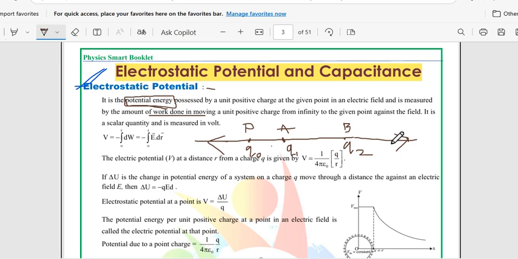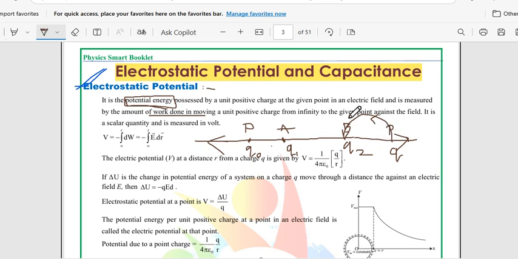Suppose I consider the point P here, having the charge Q. I need some work done to move this point charge from infinity to the given point, and this is opposite to the direction of the electric field, against the direction of the electric field. So it is called electrostatic potential.